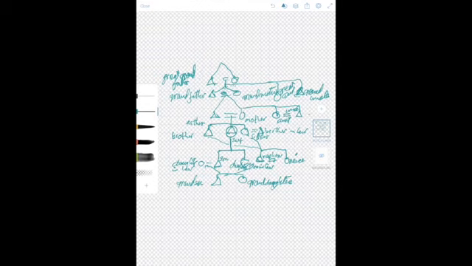What is the mother of, I've already got that. Great-grandmother. What is the daughter of great-grandfather?